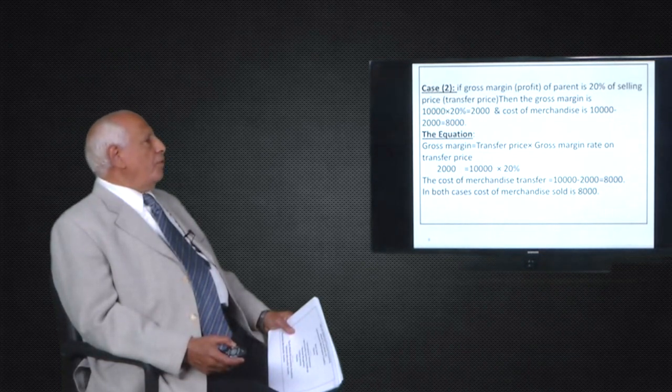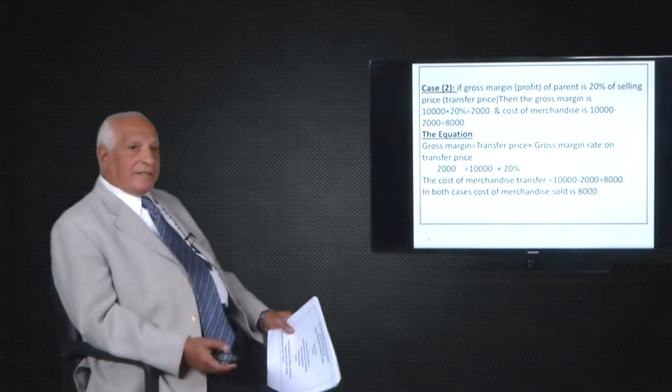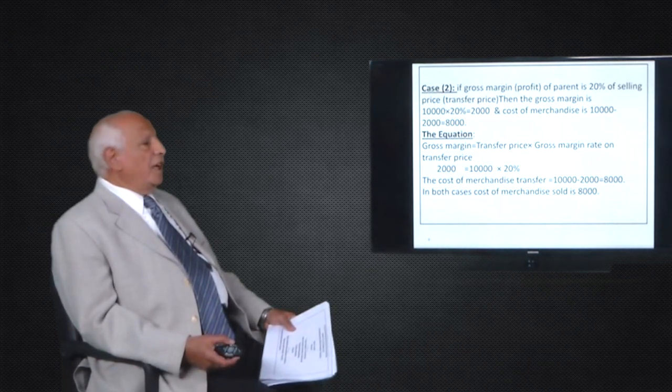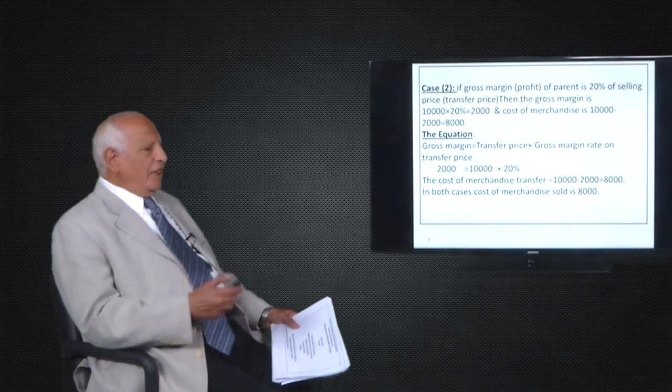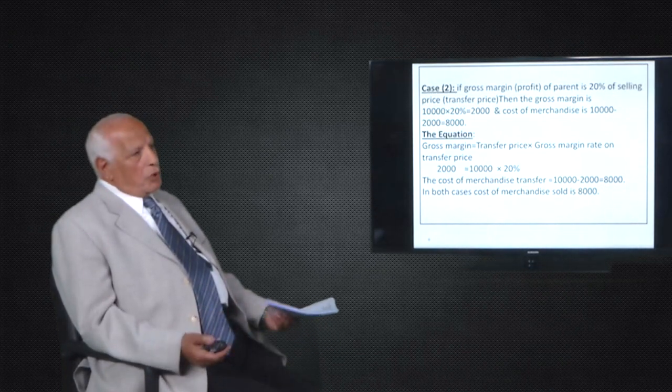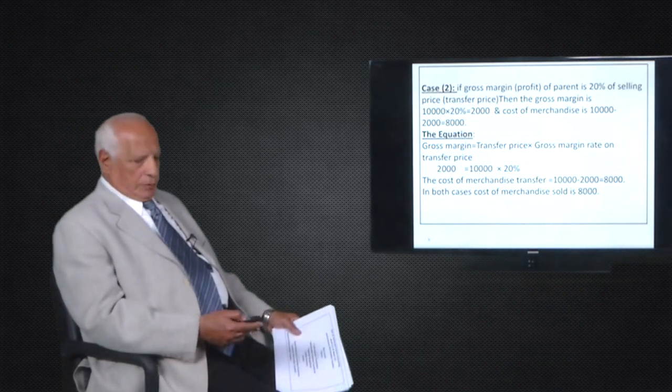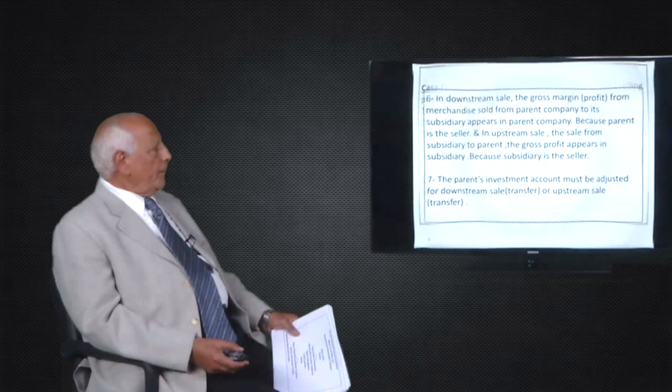The cost of merchandise transferred is then 10,000 minus 2,000, which gives you 8,000. In both cases, case 1 or case 2, the cost of merchandise sold or transferred is 8,000. You have to know which rate you're going to use; it depends on the question. I will give it to you. Okay? Let's continue.